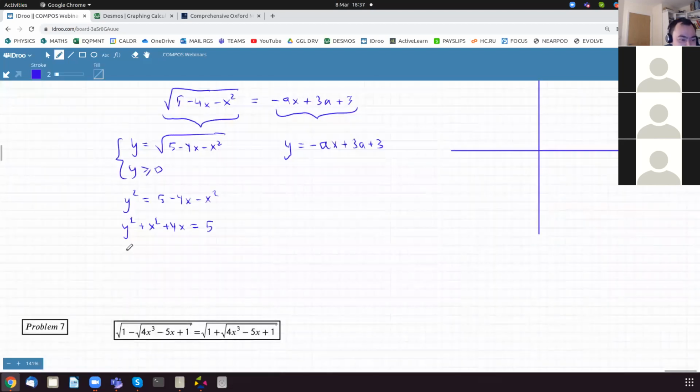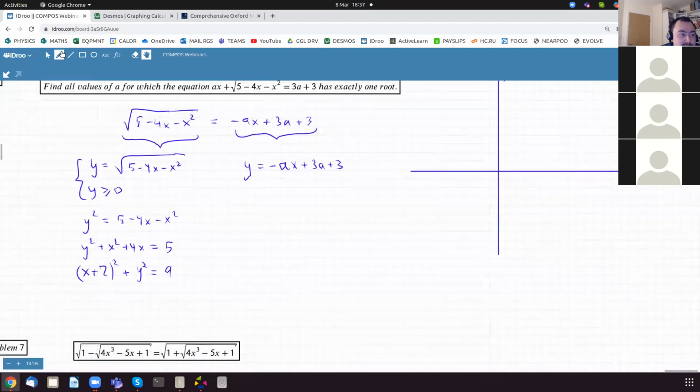It is x plus 2 squared plus y squared, and now we've taken the 4, so it's going to be 9. So it's a circle, center minus 2, 0, and the radius is 3. So it's a circle like this.